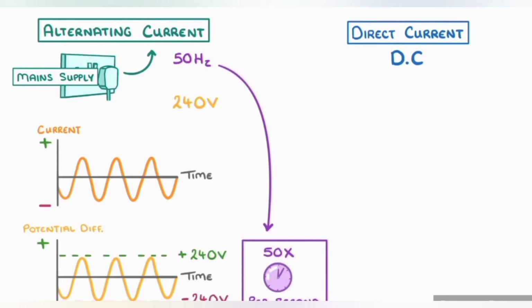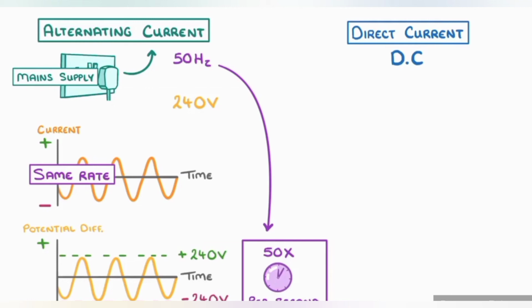So the current would also fluctuate at that same rate. You'll sometimes hear that the voltage is 230 volts rather than 240. Basically, it can be either in the UK, so they're both correct as far as your exams are concerned.